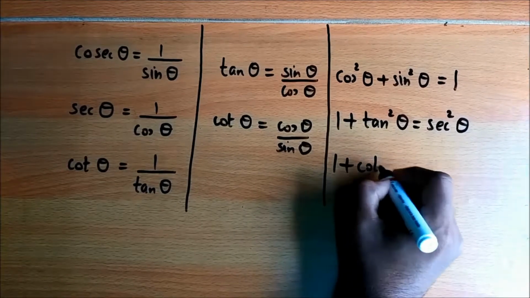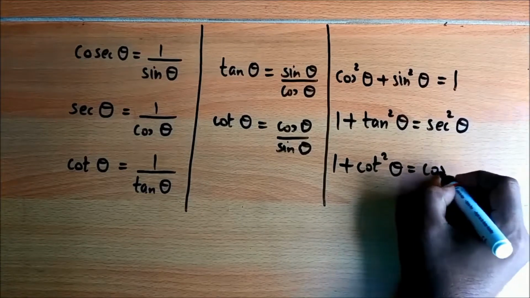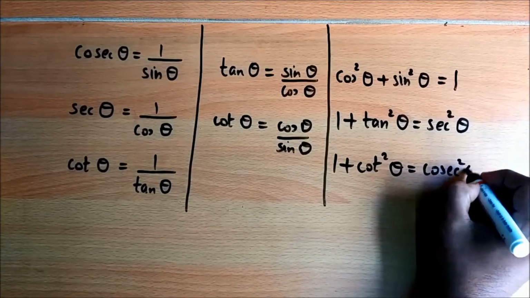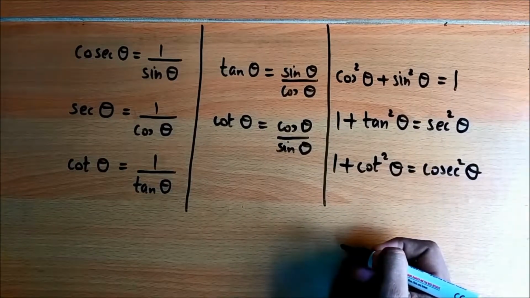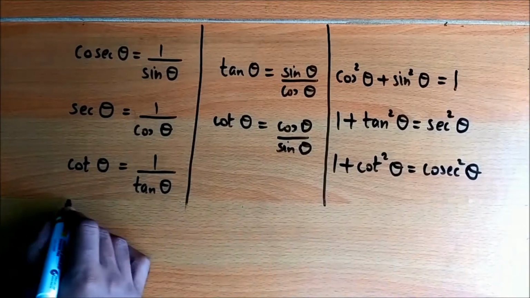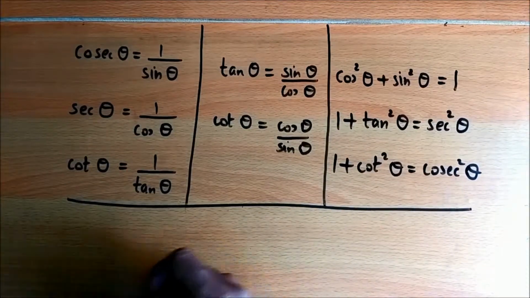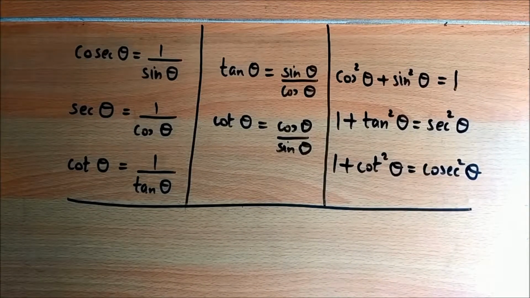And lastly, 1 plus cot square theta equal to cosec square theta. Write and learn, write and practice. You'll never forget. Yes, so these are a few basic identities and formulae for you. We have one more set to go, so wait.